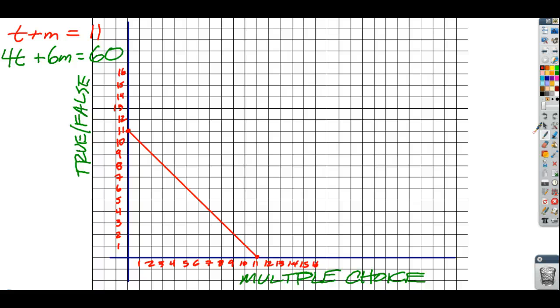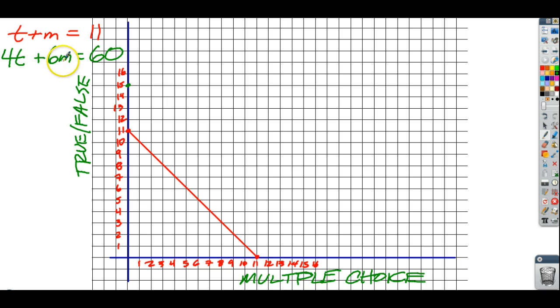The other requirement is the points, right? So let's say you have 60 points, and you only have true false questions on there. If they're 4 points each, you know that you're going to have 15, okay? So this is saying if you only use true false questions, this is how you would make up 60 points, because each one is worth 4 points.